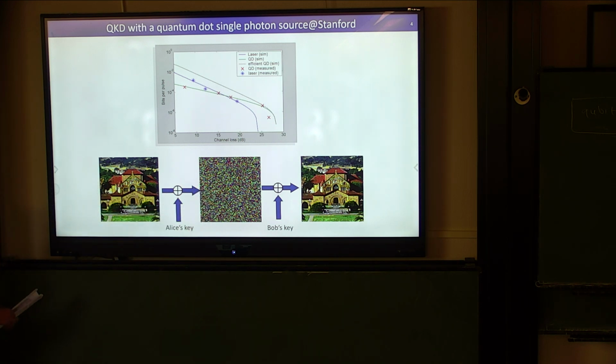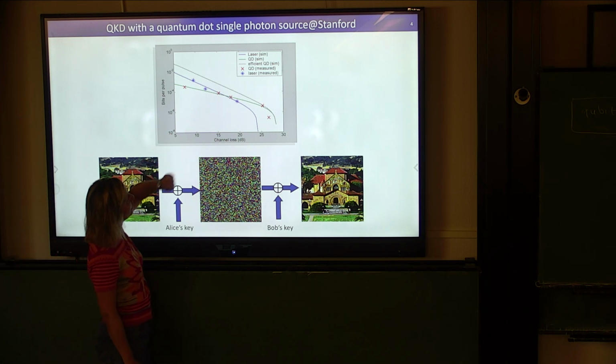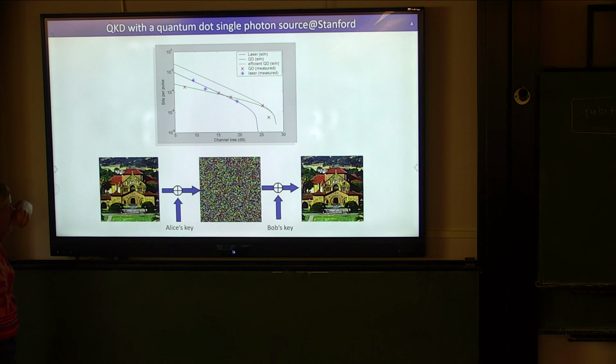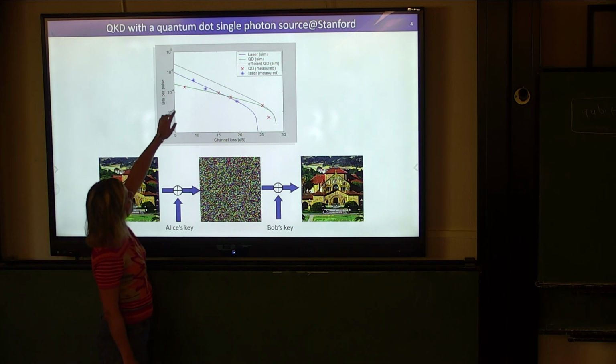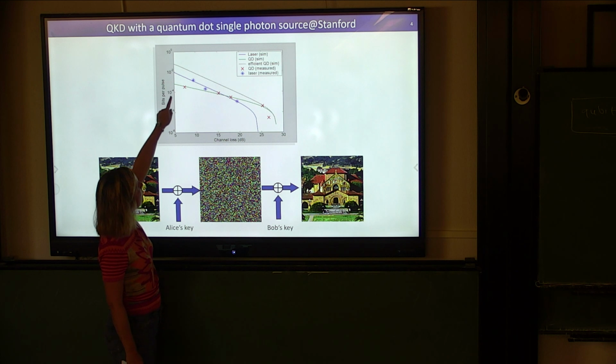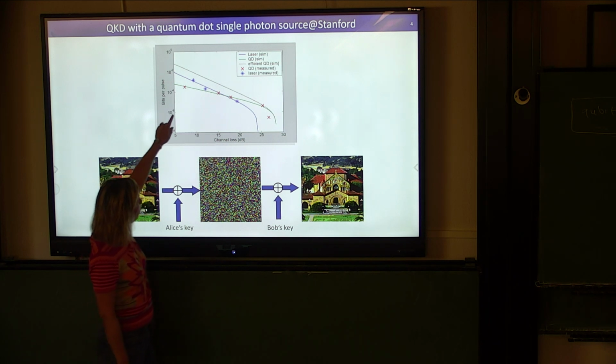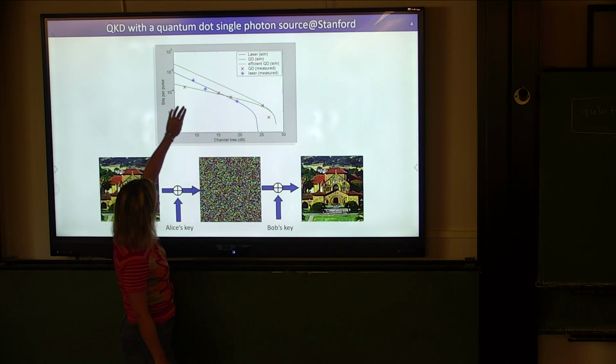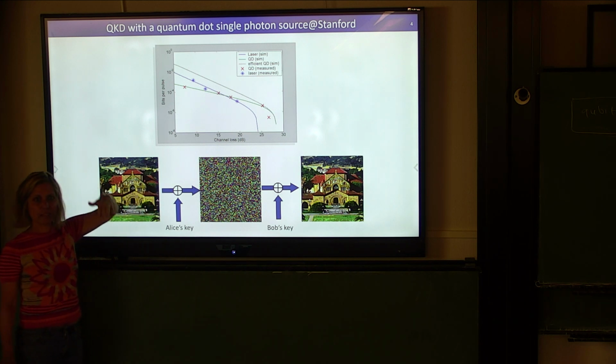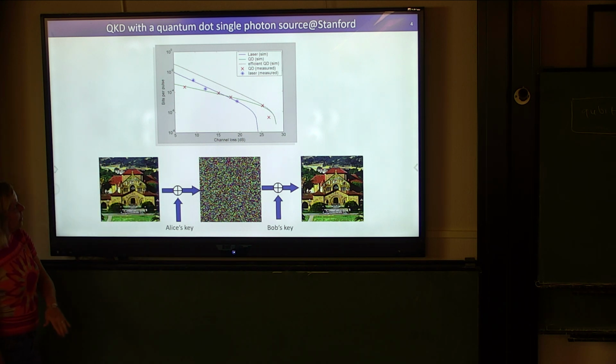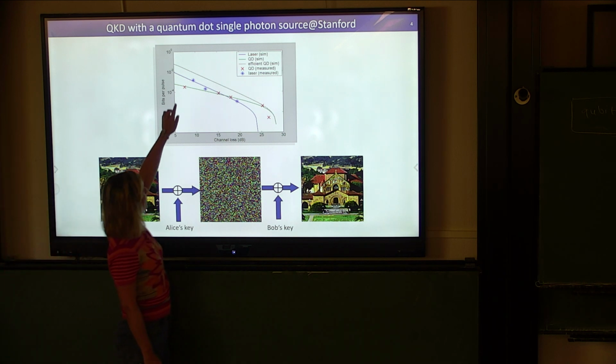In this quantum dot single photon source work, he had shown this graph, and I'm going to spend essentially the next chunk of the course explaining what this graph means. What you see here is that with a laser, which is the blue curve, you get a different behavior of your secret key rate as a function of the loss than what you get with a single photon source.